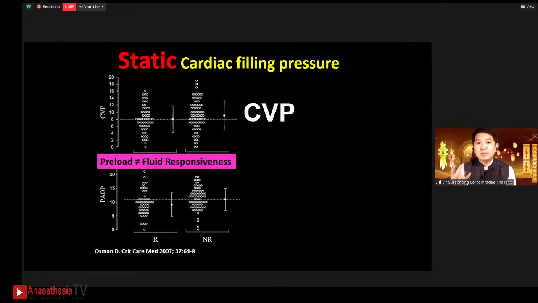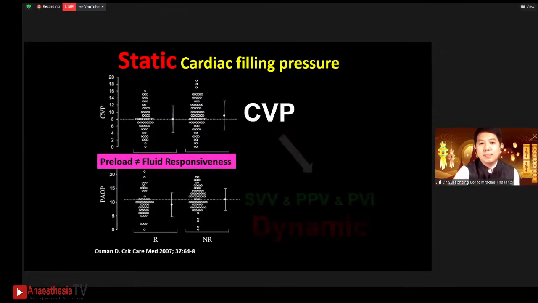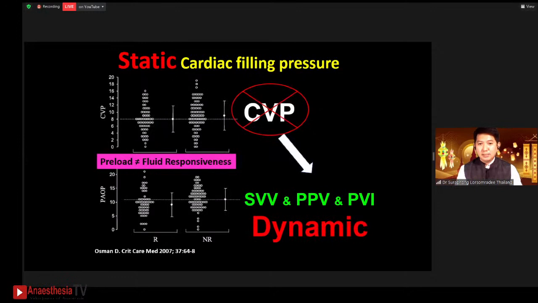If we would like to use CVP, we have to use it before and after a fluid challenge test, because only one data point, the static cardiac filling pressure, cannot show fluid responsiveness. Now we use dynamic ones, like stroke volume variation, pulse pressure variation, and the plethysmographic variability index, because these are more than one number, packed together to show one number, like a variation.